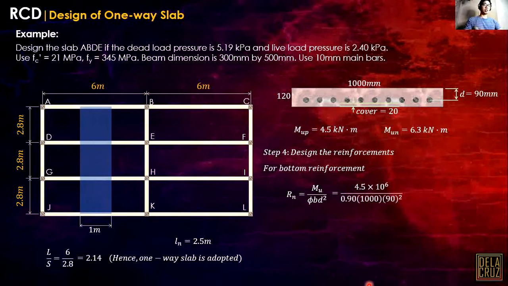So, substitute, of course, our phi for design in flexure or bending is 0.9. B is 1000 millimeters and D is 90 mm. Of course, nagkamali tayo dito, no? But I will just proceed because napakahaba na yung na-record ko. So we have this value. Okay?